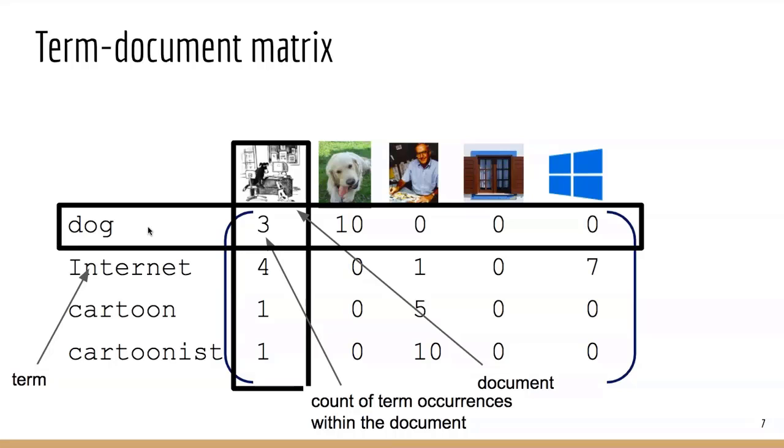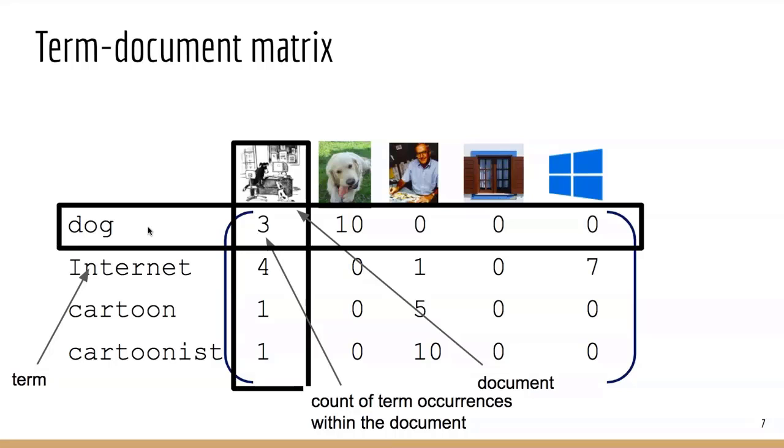And in the columns, we are going to have different documents, talking about different things. And here the counts simply represent the number of times that a word occurs in a certain document. So for example, dog occurs 3 times in the first document and 10 times in the second document, and doesn't occur in all the other documents.